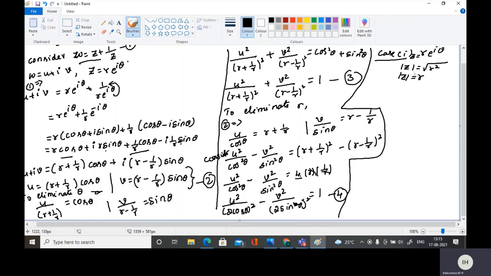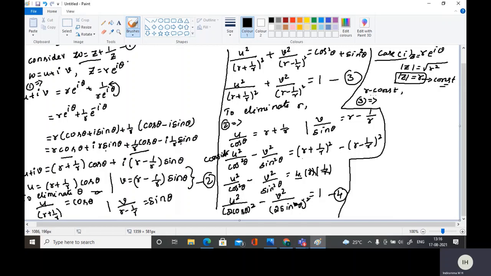Mod z equal to r represents a circle in the z plane. Here r is constant, because r is the radius of the circle. So now I am taking case 1, r is constant. This represents a circle with center at origin and radius r. So now equation 3 becomes.